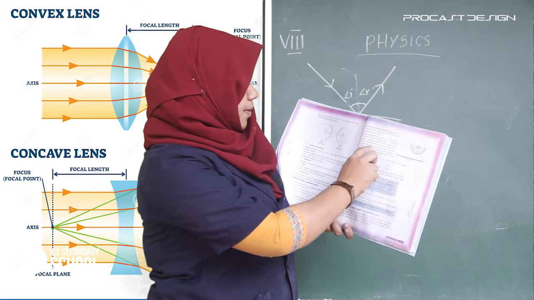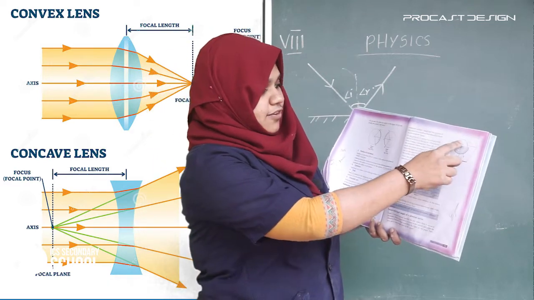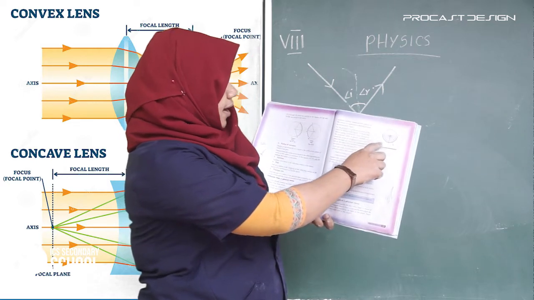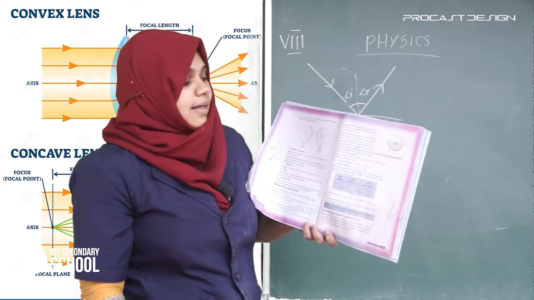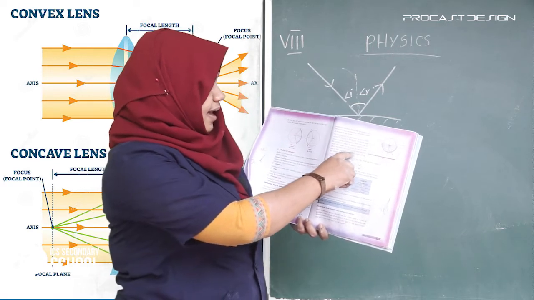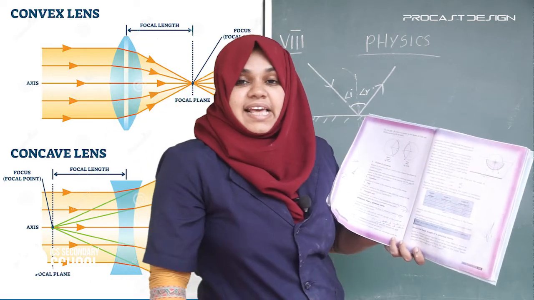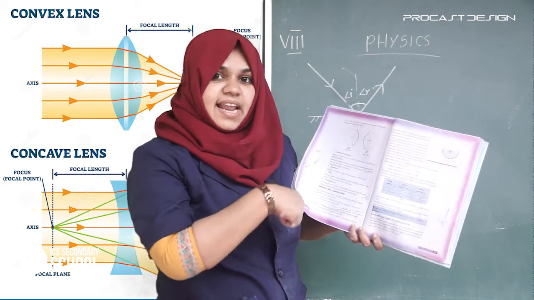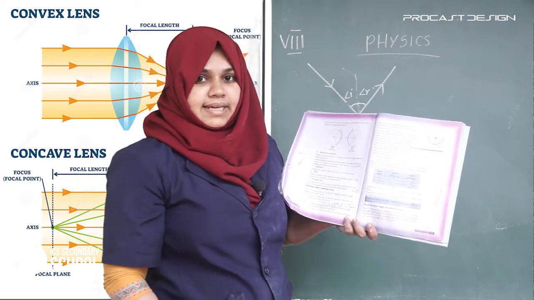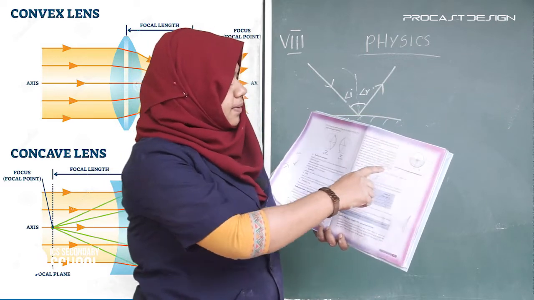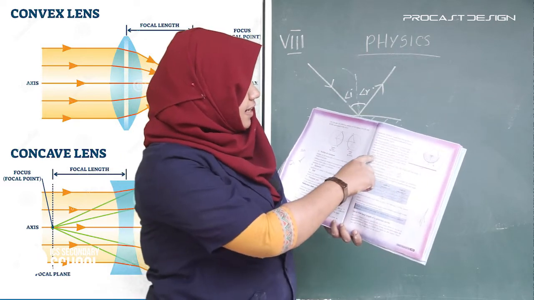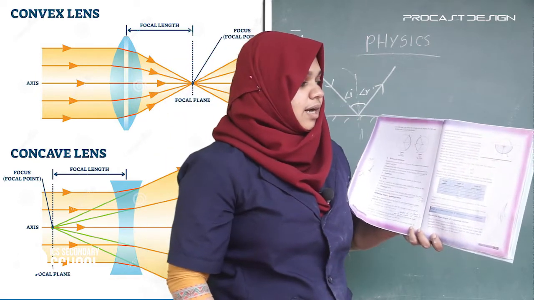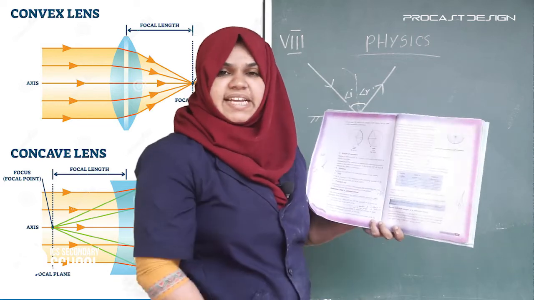Draw the axis and the midpoint, everything marked first. Now allow the light ray AO from a laser torch, so we can see the light, to fall on the mirror at a suitable angle along the surface of the thermocol. AO is the incident ray.